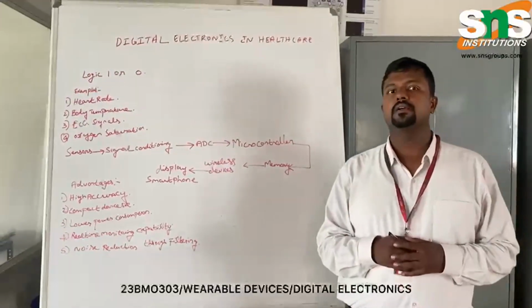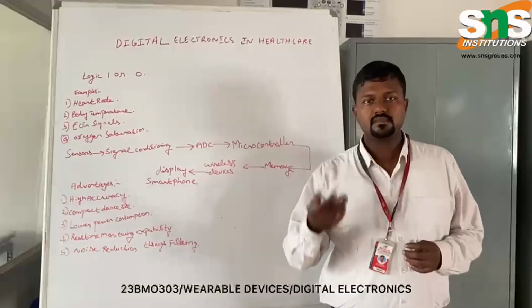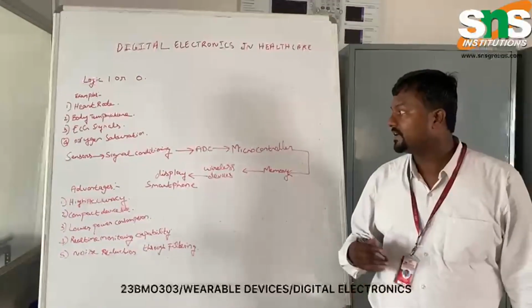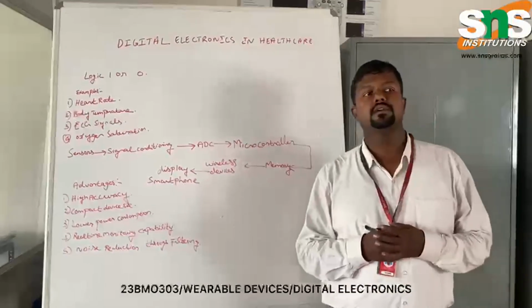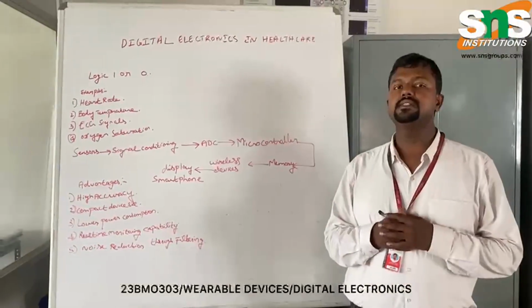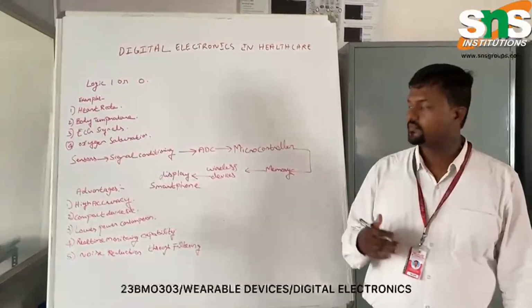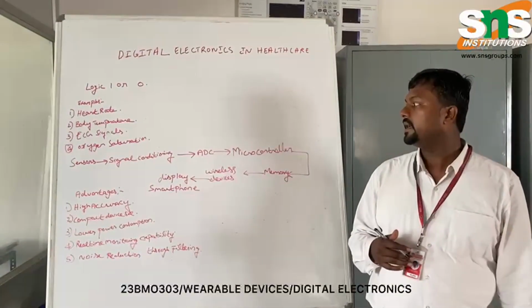Then comes the microcontroller part. Here the biomedical engineers as well as electronics engineers develop the code to process the signals and give them in a digital format. So they play a vital role.